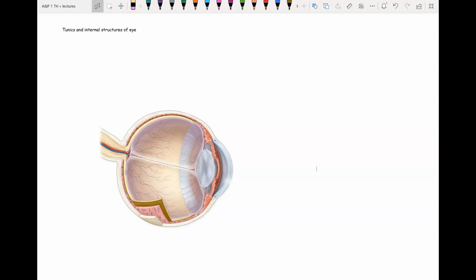Deeper look at the structures of the eye and what they do. The eye is a hollow ball that is divided into 3 layers. And the hollowness is filled with fluid.